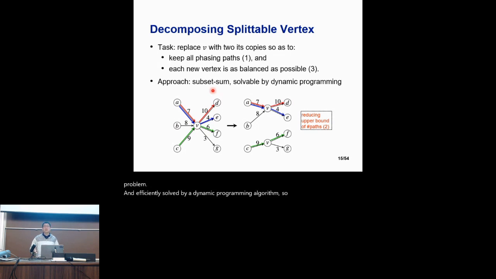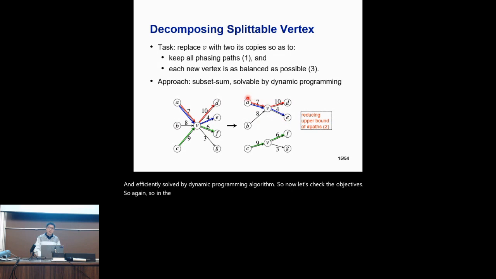Now let's check the objectives. In the reassigning process, we will not break any of the phasing paths. The red phasing path is still here, the blue one is still here, the green one is still here. So we preserve all the phasing paths. After decomposition, we have one more node, but the number of edges doesn't change.